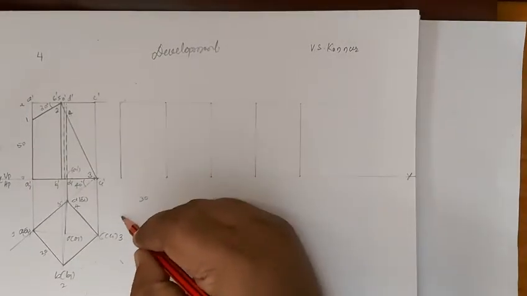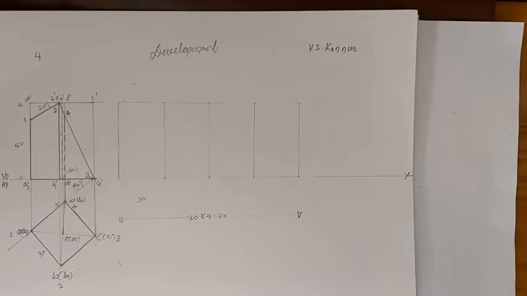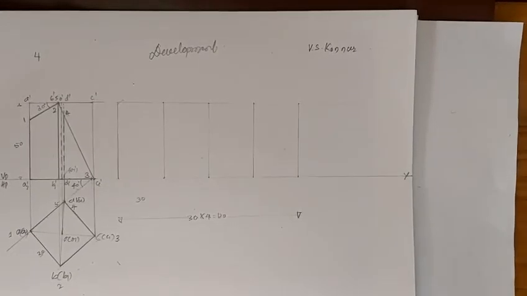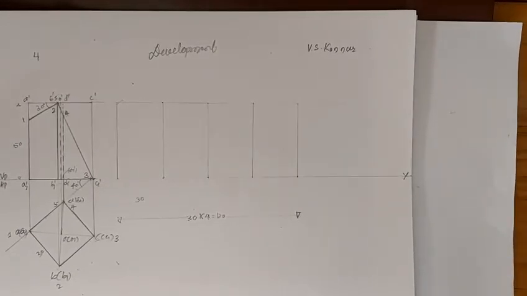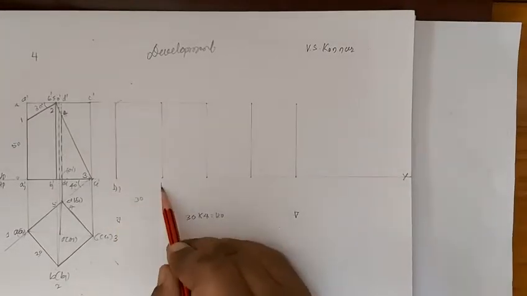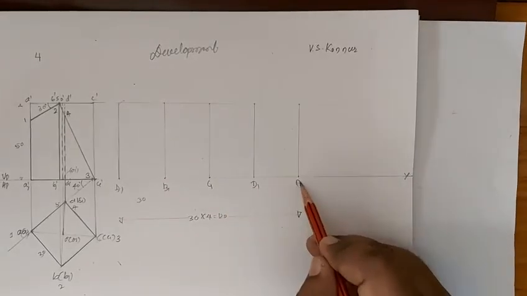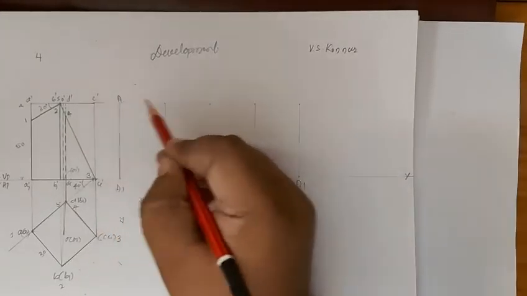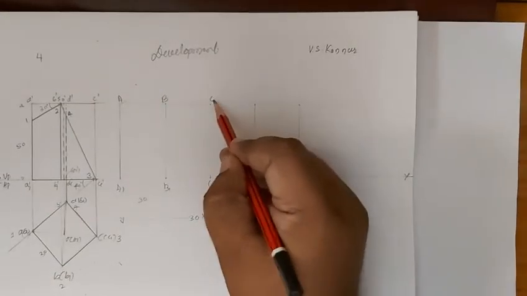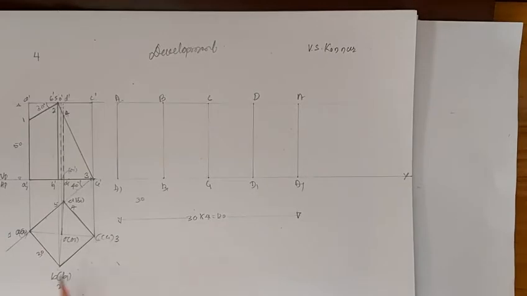Total 30 into 4, because of the square, 4 sides are there. 120 millimeter, and one block is 30 mm. This is A1, B1, C1, D1, back to A1. And A, B, C, D, A, which are on AA1, BB1, CC1, DD1.